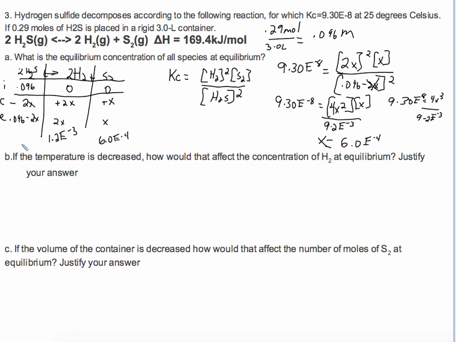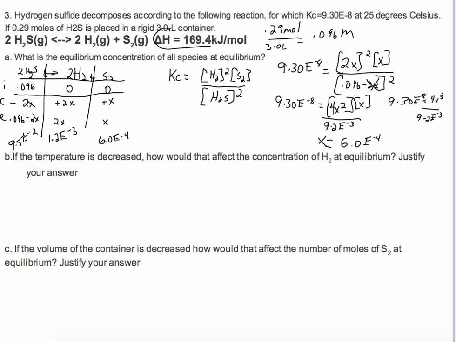And then you would take 0.096, subtract 2 times the 6.0 e to the negative 4, and you end up getting basically almost the same thing, not much different. I'll just go 2 digits, 9.5 e to the minus 2 is what you would get there.